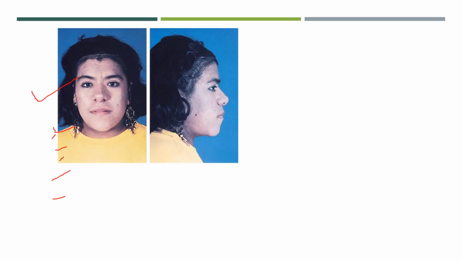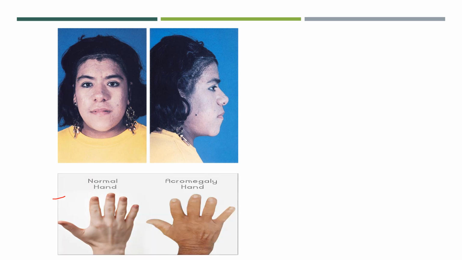This is a typical acromegaly face with prognathism, and this is a typical acromegaly hand that shows widening of the soft tissue. One important feature is that acromegaly, or excess growth hormone secretion, mainly happens due to a pituitary tumor.